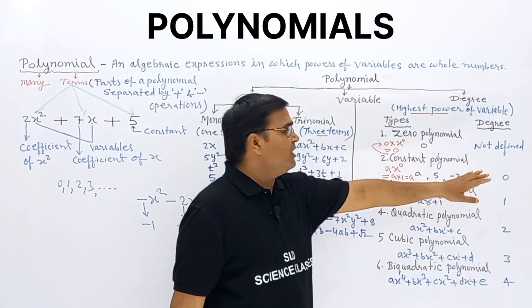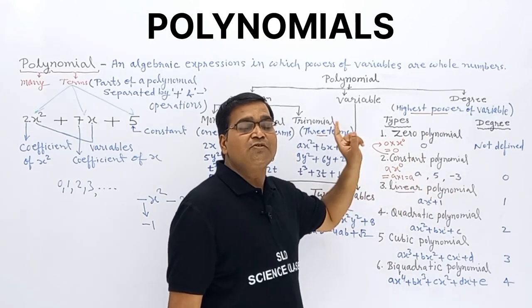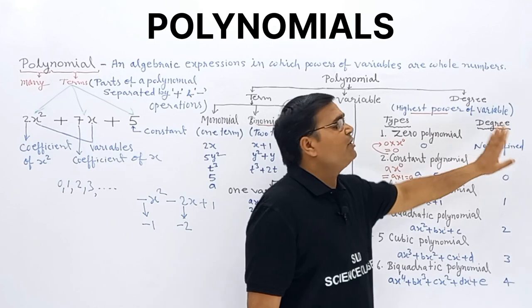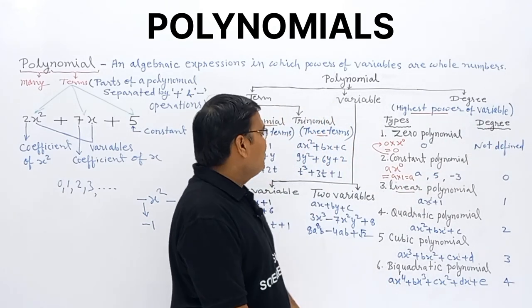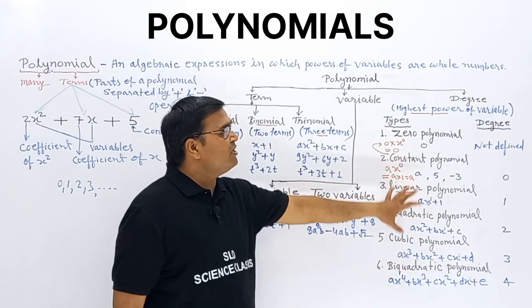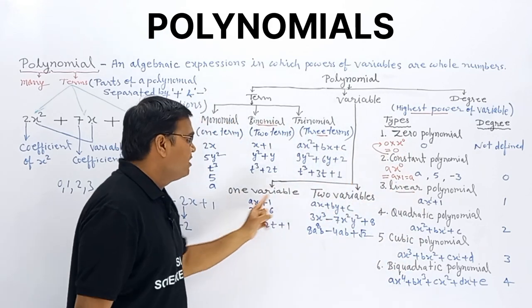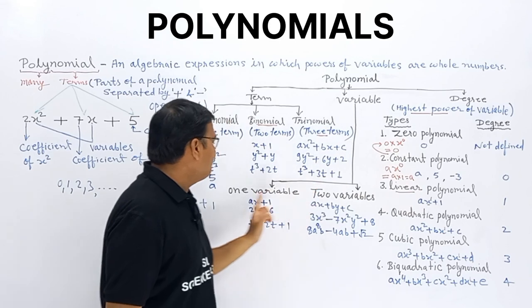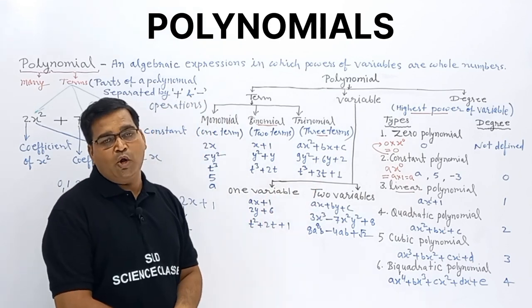Constant has 0 degree, but the constant 0 has not defined degree. Clear? Now this is the degree of a 1 variable polynomial.